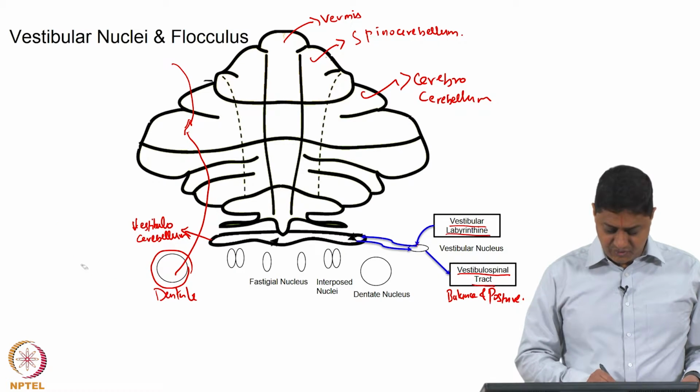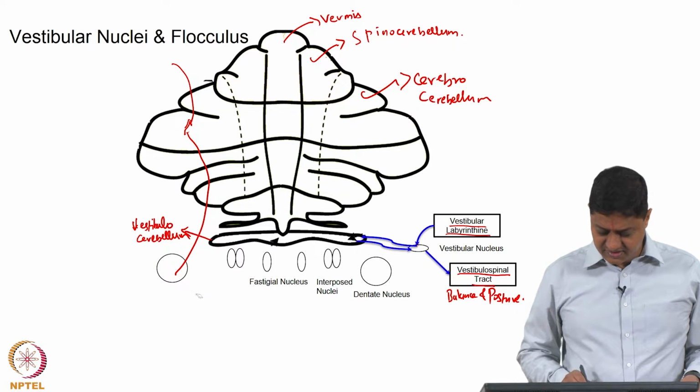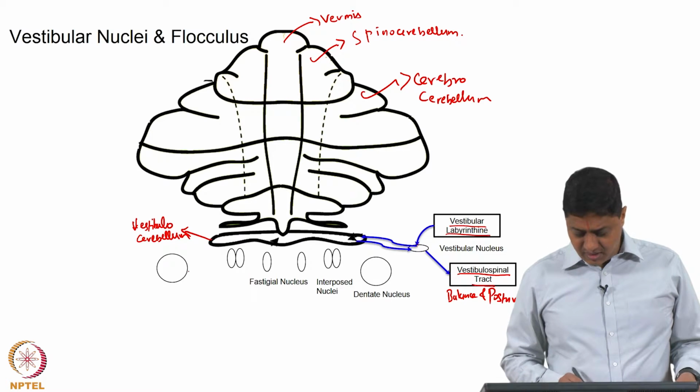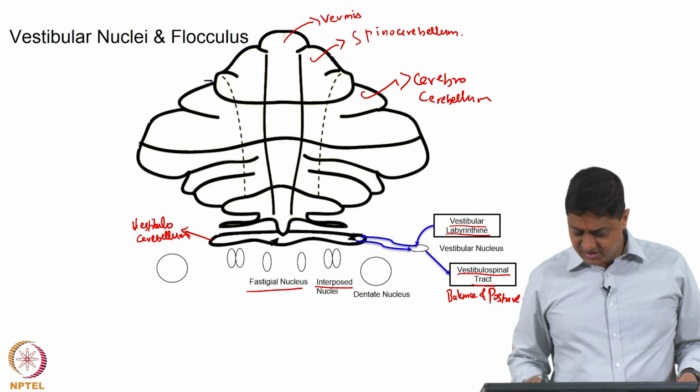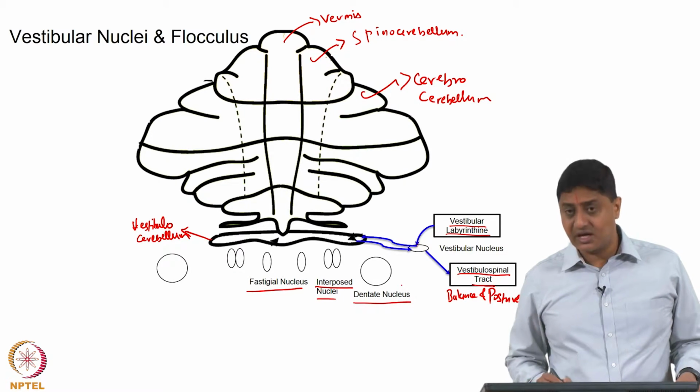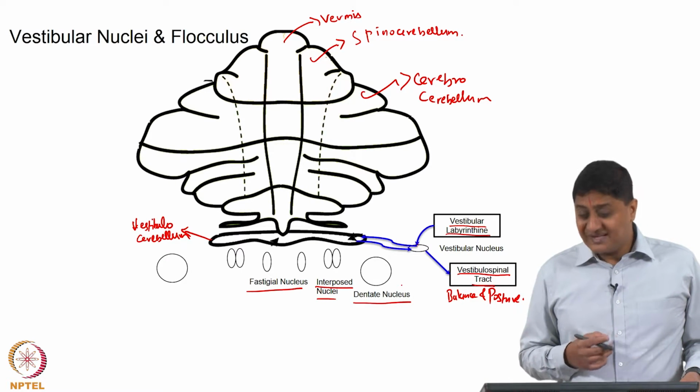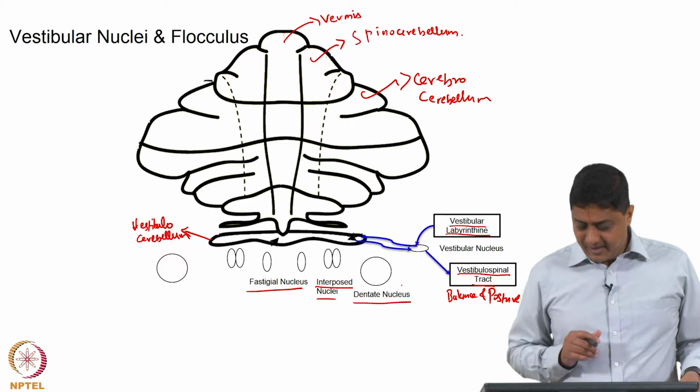It has been drawn outside the cerebellum for convenience in this schematic, but actually all these fastigial nucleus, interposed nuclei and dentate nucleus are all deep cerebellar nuclei. These are nuclei that are present within the cerebellum.